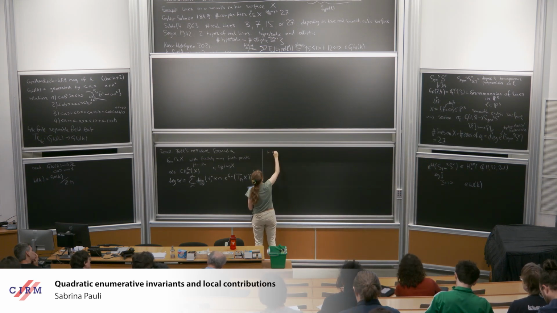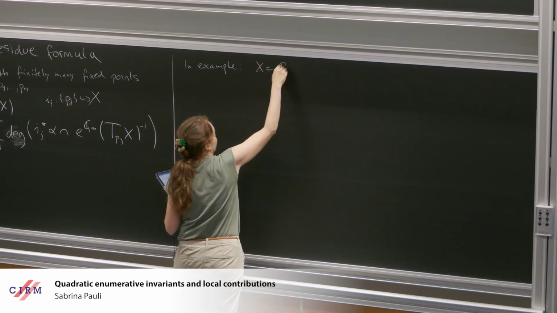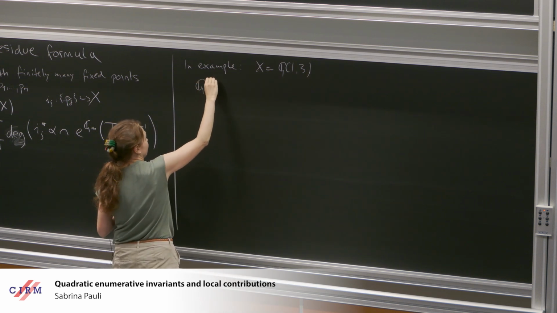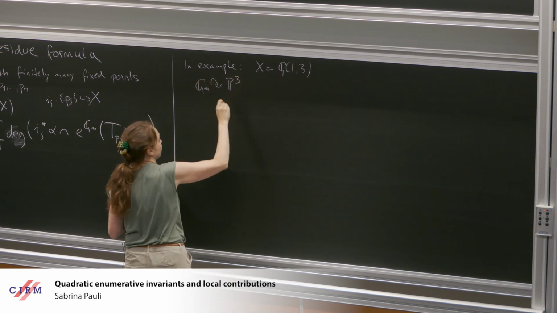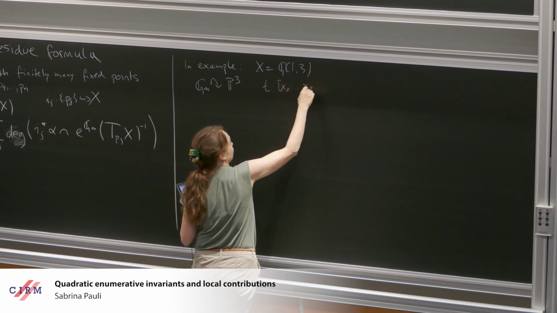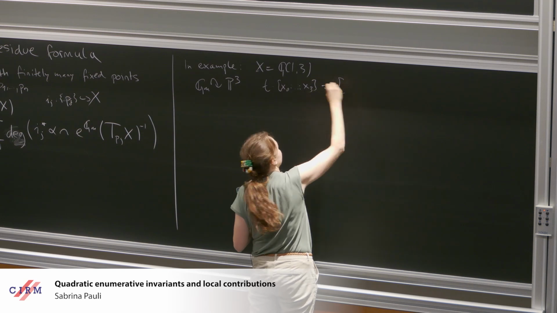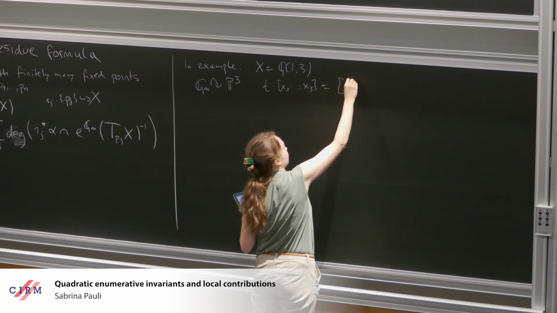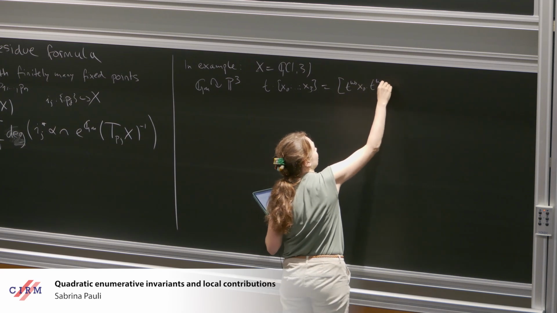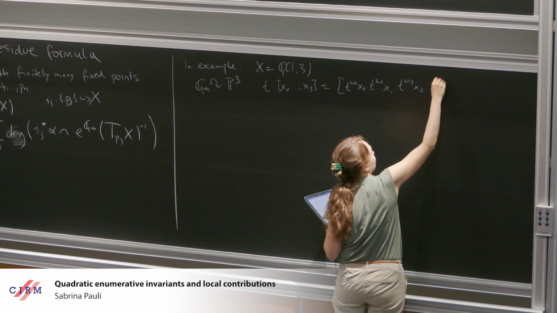So in the example, X is the Grassmannian, but let me first write down an action on P3. Namely, I want T to act on a point in P3 by acting on x0 with weight w0, then weight w1, and so on and so forth.